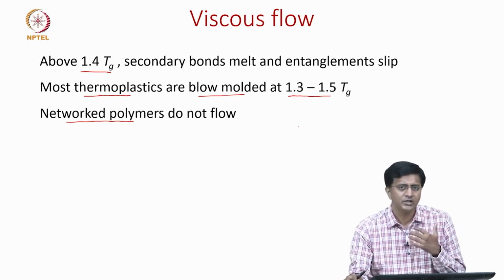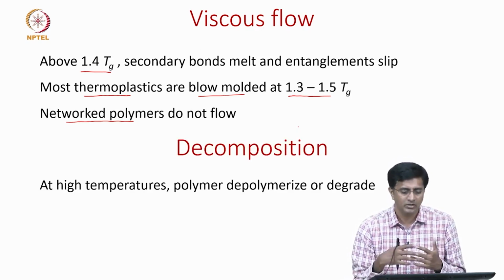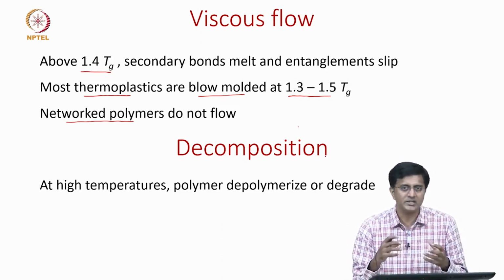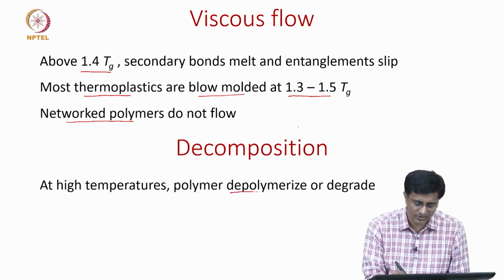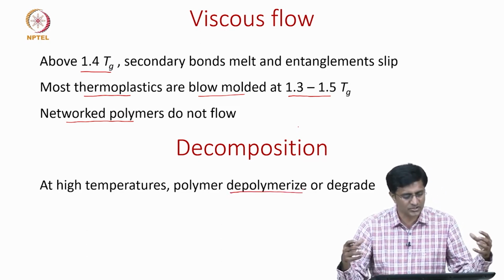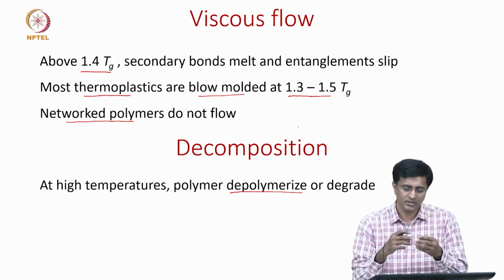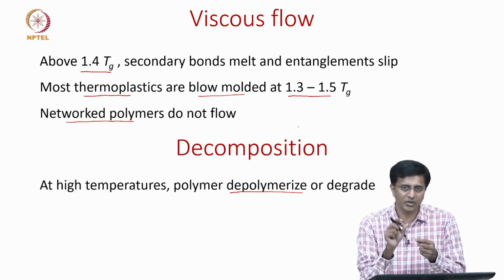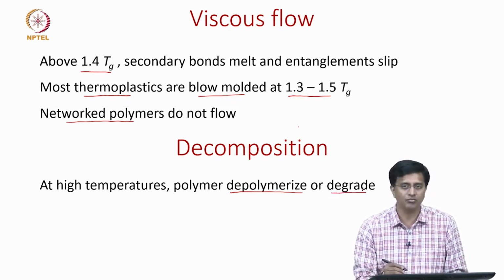But if we are talking about thermosets and we keep heating, or the temperatures are very high, then we see decomposition. At very high temperatures there is enough thermal energy to break those covalent bonds. That is what we call depolymerization, because polymerization is bringing these monomers together. Depolymerization now means that we are breaking these polymer chains, sometimes into smaller lengths or maybe even monomers. So, this is also called degradation of polymers.